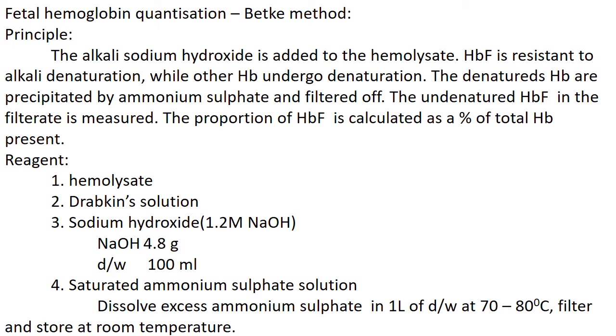So dissolve an excess of ammonium sulfate, approximately 700 grams, in 1 liter of distilled water at a temperature of 70 to 80 degrees centigrade. Filter and store the solution. The solution is filtered again at 70 to 80 degrees centigrade and then stored at room temperature.